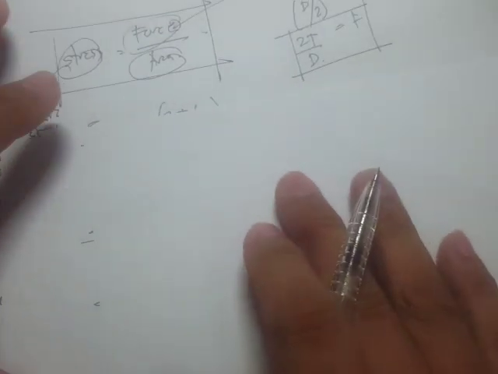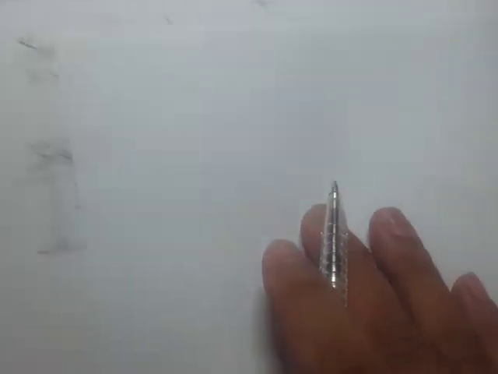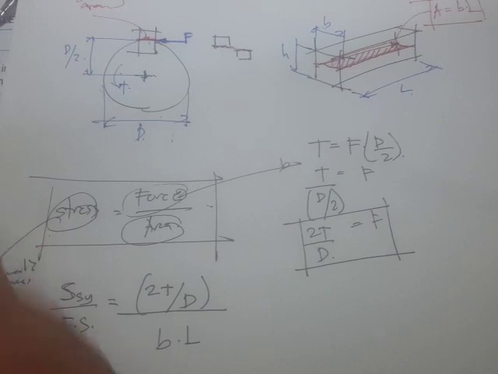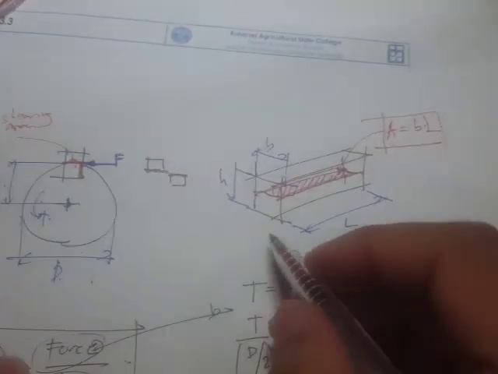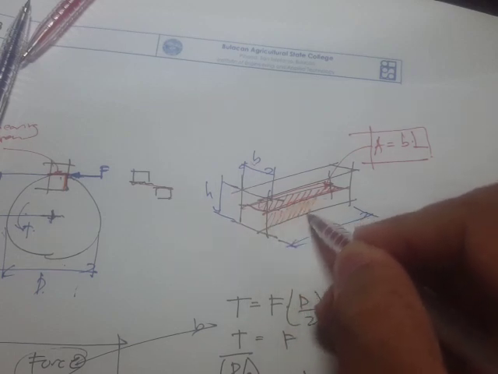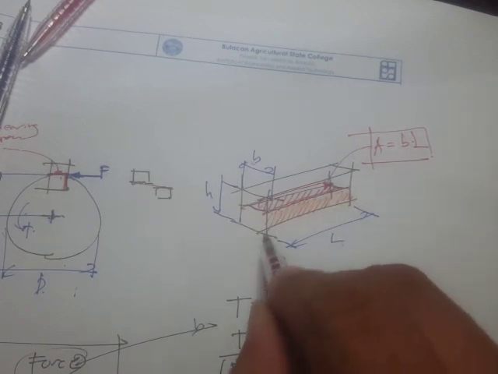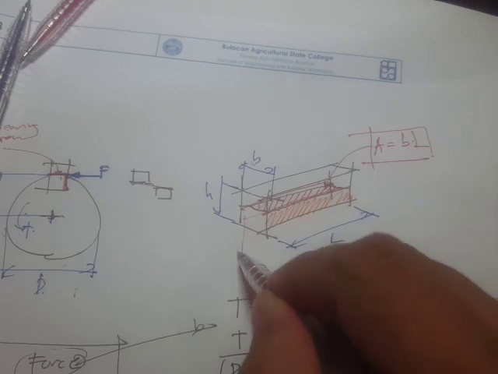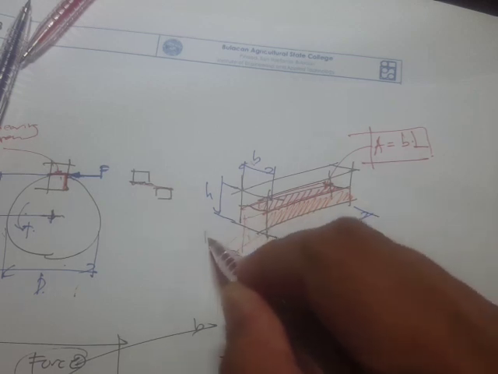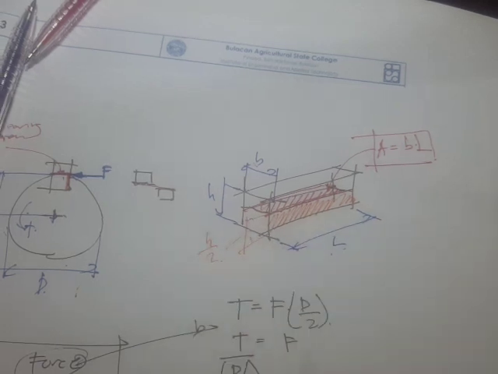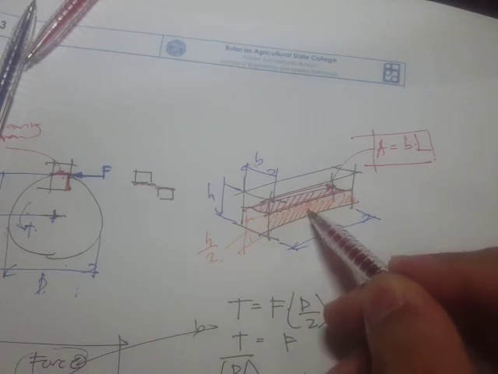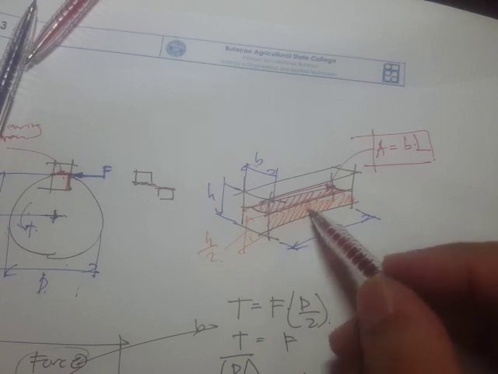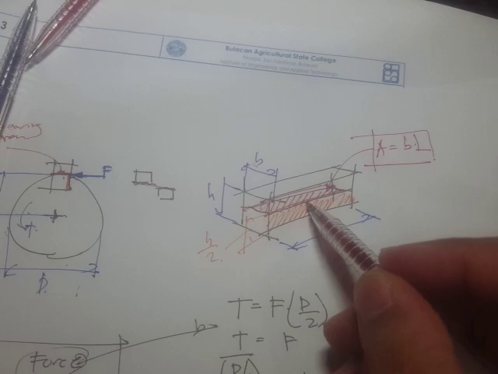And for the bearing stress, the area will be this area, which is simply h all over 2, so this is h all over 2 times L. The force, supposedly, should be somewhere below, but for simplicity's sake, it's just taken at this level.